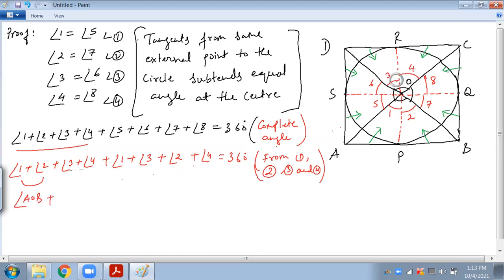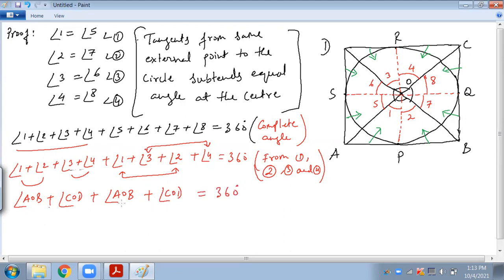Again, instead of 3 plus 4, I can write COD. Plus again, instead of 1 plus 2, I can write AOB, plus instead of 3 plus 4, I can write angle COD, equal to 360.